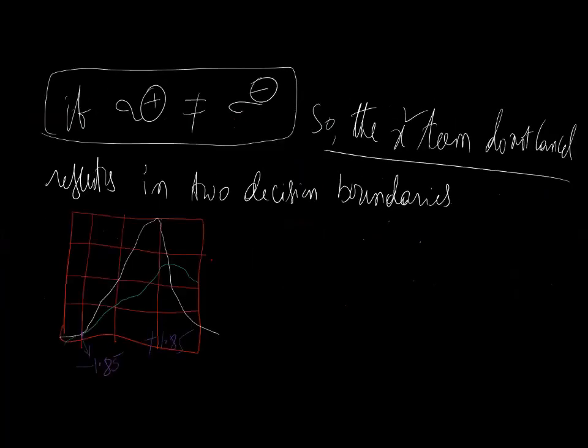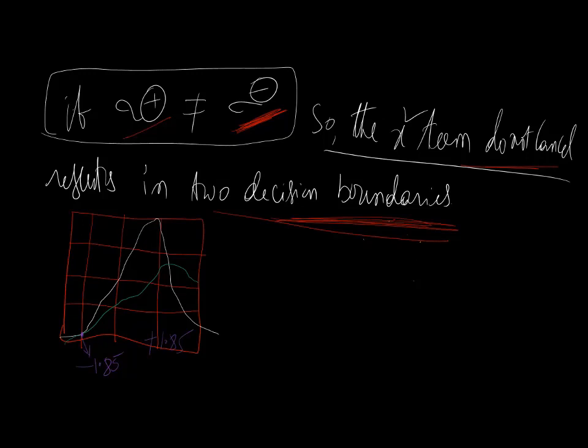So if you draw a figure like this, if rho positive and rho negative are not equal, the x square term does not get cancelled and the result will be two decision boundaries. This is what you have to write when you are asked about the normal distribution and its geometric interpretations.